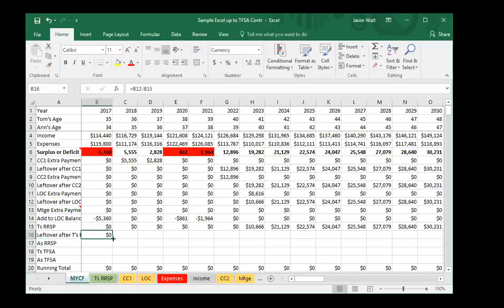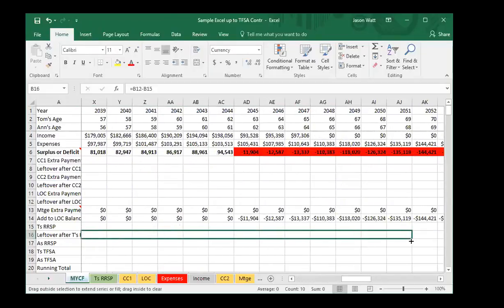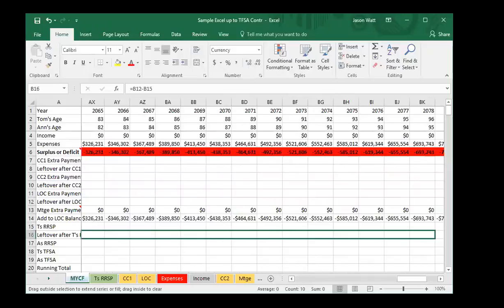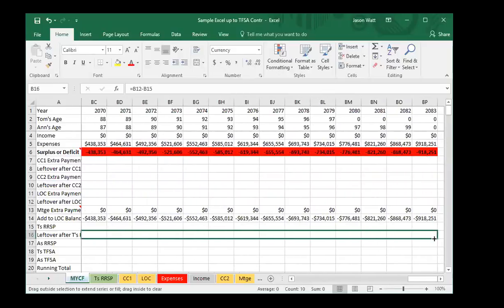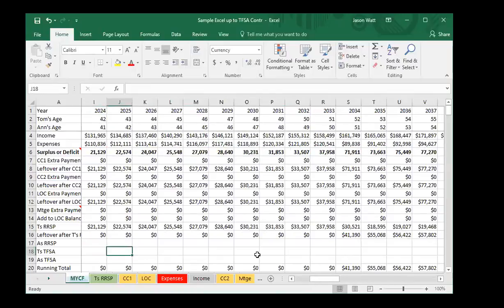And we can copy that across. And it should be zeros here. And we should get to a point way out in the future here where, yeah, there we go, where we have leftover amounts which are not being allocated.